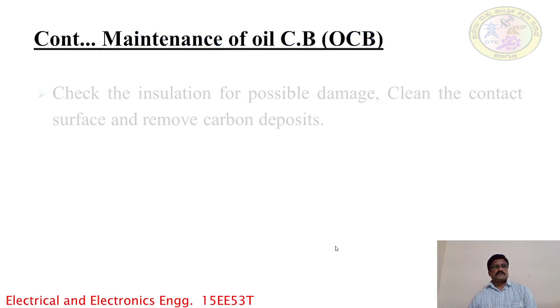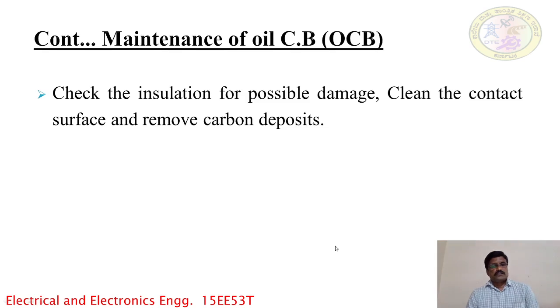Next, check the insulation for possible damage, clean the contact surface, and remove the carbon deposition. After interruption of the fault current, the contacts are definitely burned by arcing. Hence, at every inspection, clean the contact surface and remove the carbon deposition due to arc interruption.